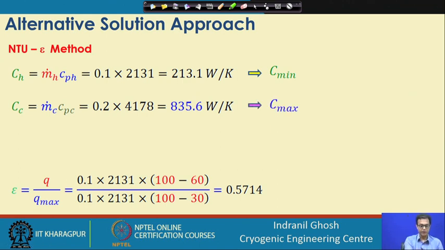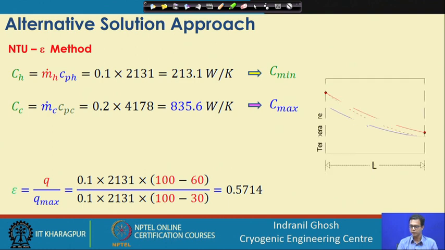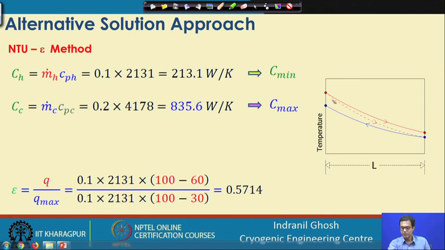So, here we have the cold fluid as the maximum heat capacity fluid and the hot fluid is the minimum capacity fluid. What it means is that the inlet of the hot fluid will reach the inlet of the cold fluid at the most.